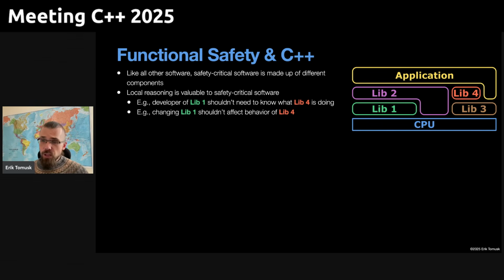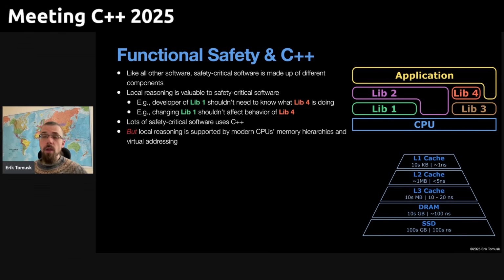And changing the behavior of library 1 shouldn't affect the behavior of library 4. So there's plenty of software for safety critical systems that's written in C++, and safety critical software developers often are interested in C++ because it has these interesting properties that help with local reasoning.